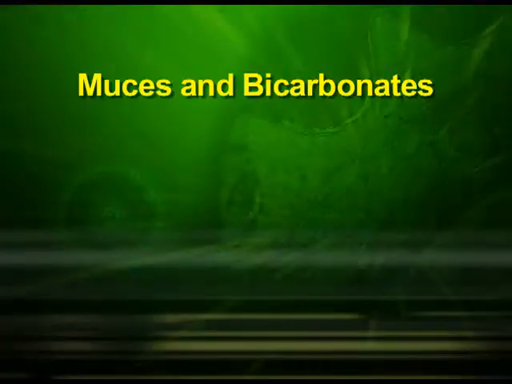Another point which I would like to highlight, my dear students: you know the pancreas secretes pancreatic juices which help in digestion, which we have already discussed. In addition to pancreatic digestive juices, the pancreas also secretes mucus and bicarbonates.